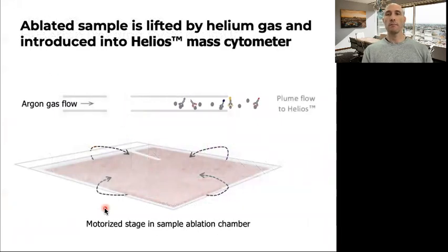So the tissue ablated by the laser is then carried to the mass cytometer, and then the ablated tissue is ionized in a high energy argon plasma, and then the resultant ions are brought to the time of flight chamber, where they are measured by a single detector, as you know, on the basis of their mass.